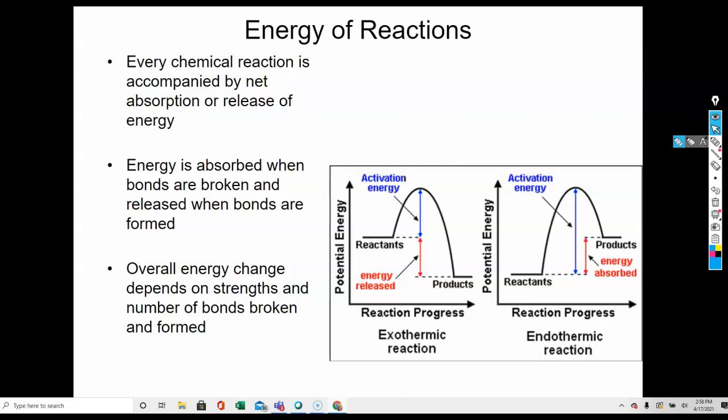It is the difference between the products and the reactants that is going to give us the overall energy change, where in one case, the products might have a lesser potential energy than the reactants, meaning we have an exothermic reaction because heat has been released as energy, or we would have the products having greater potential energy than the reactants, so heat has been absorbed, and thus an endothermic reaction.